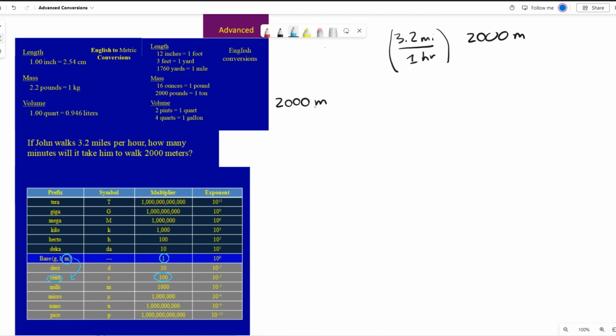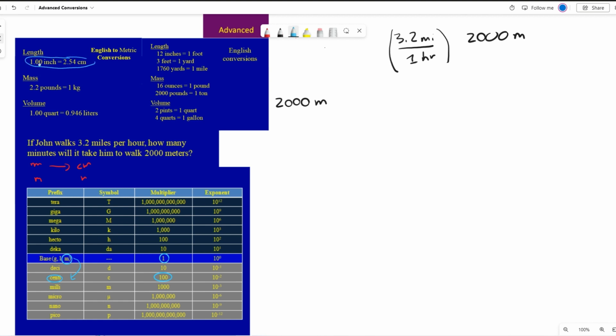And so we'll have 2,000 meters that we're starting with, and that is a metric unit. And then we're going to be converting meters into centimeters, which is another metric unit. And then once we get to centimeters, now we can use that in our English to metric length conversion up here. So that'll be our next step.